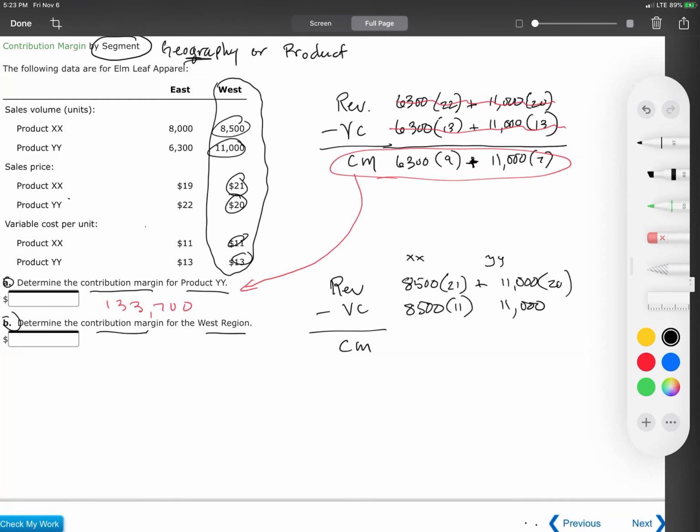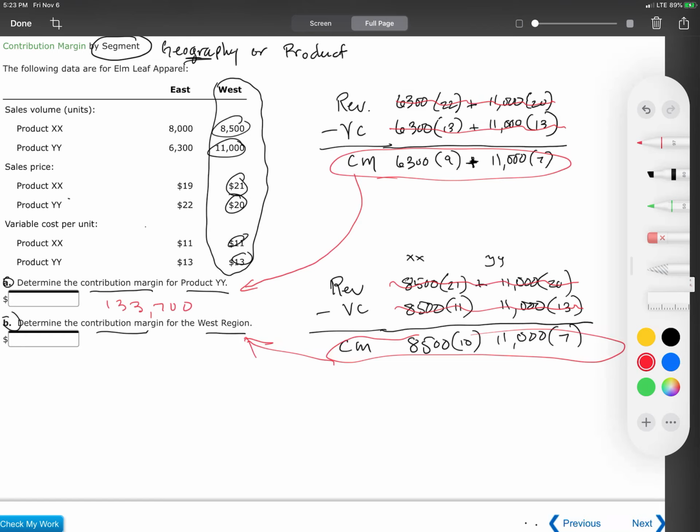Okay. Now these units will be the same here. But now we're going to look at the variable costs, 11 and 13. 8,500 times 10. 11,000 times 7.